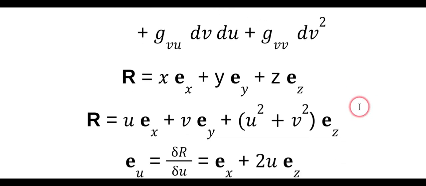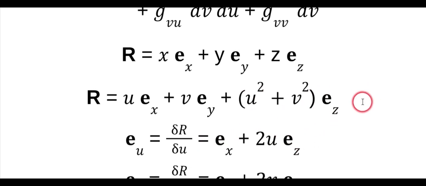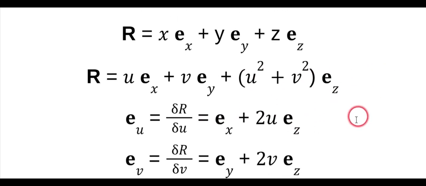And we've done this many, many times. So the EU basis vector is the derivative of that position vector with respect to u, which is just 1 here, and 2u EZ here. And EV is the derivative of this position vector with respect to v. So it's just 1 and then 2v EZ.